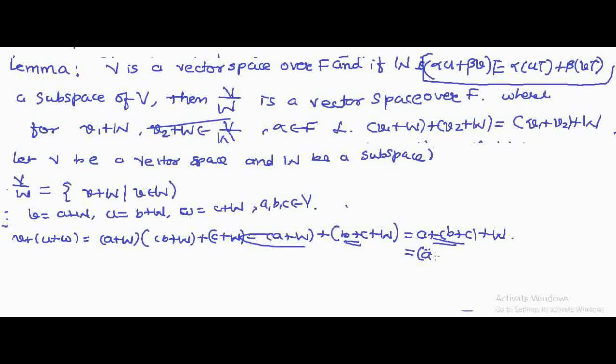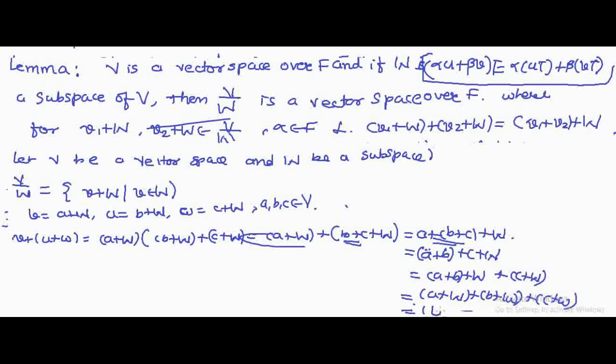So instead we add first these two elements, A plus B plus W. This is equal to A plus B plus W plus C plus W, and this is nothing but A plus W plus B plus W plus C plus W, or V plus U plus W. The associative property is satisfied.